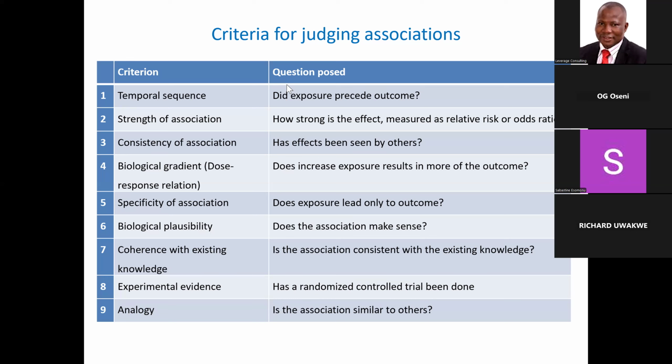Then number 4 is biological gradient, the dose response relationship. This has to do with whether increased exposure results in more of the outcome.